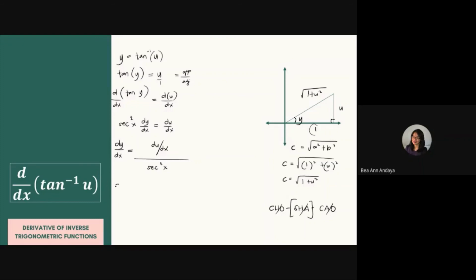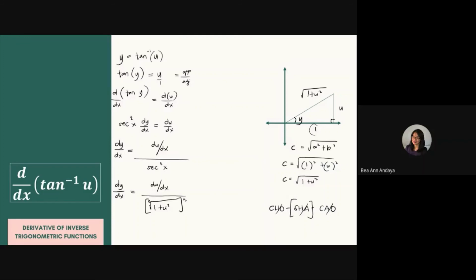So, kung i-rewrite natin ito, we have the dy all over dx equal ito sa du all over dx divided by the secant squared y, or sabi nga natin kanina, the hypotenuse divided by the adjacent side. So that's square root of 1 plus u squared. However, this function is squared, so you also have to square this one.